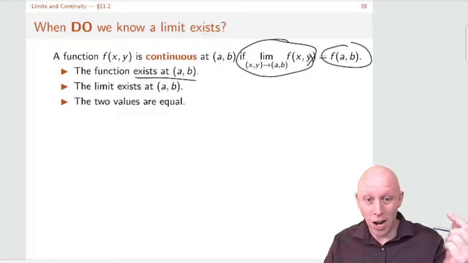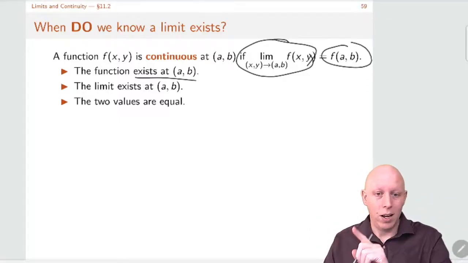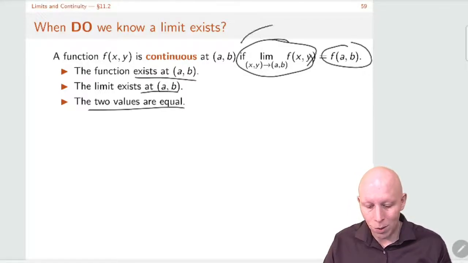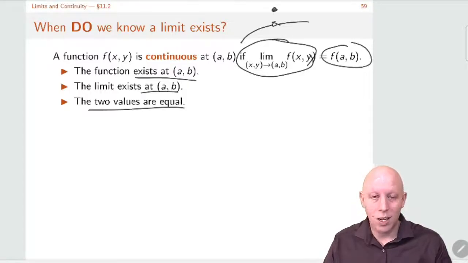So no matter how we approach the function, from different points, you got the limit existing. You got the same value. And the last thing is that those two values are equal. Remember, you can have a function where the limit exists and the function has a value there. But if those two are not equal, this is not a continuous function.